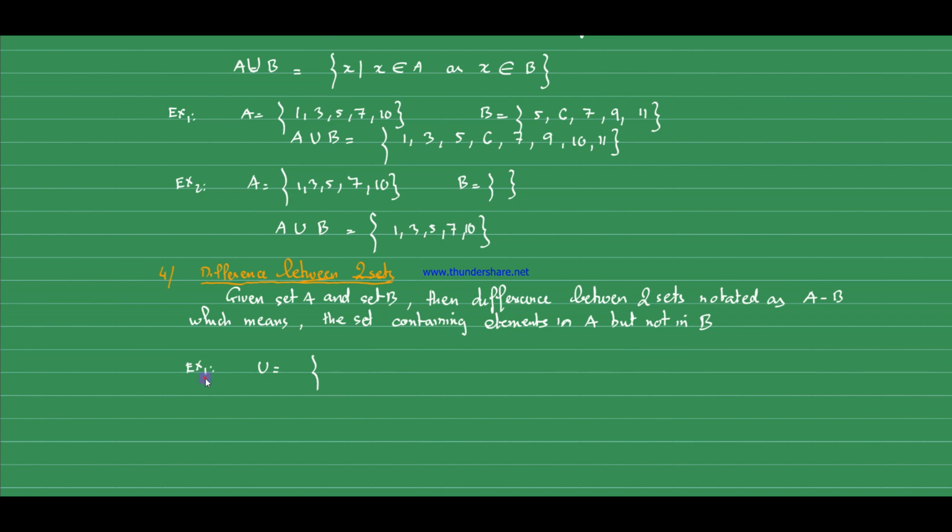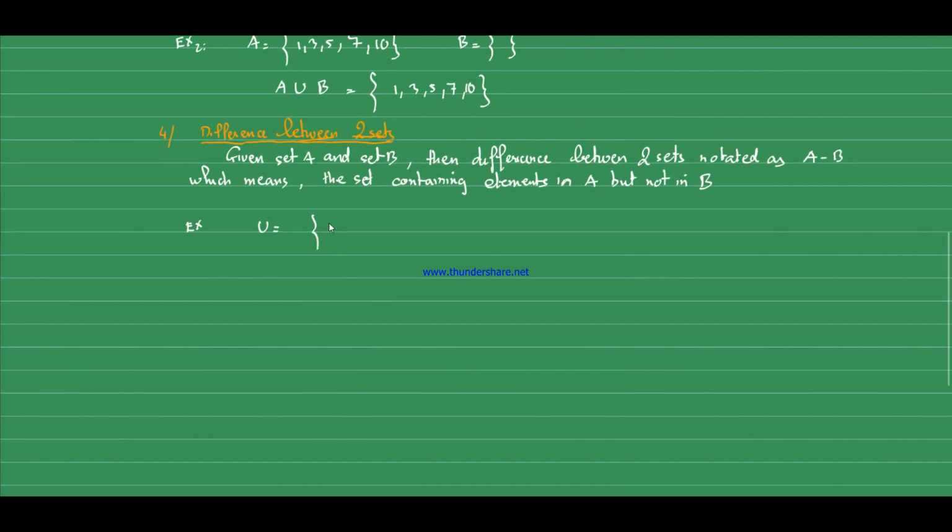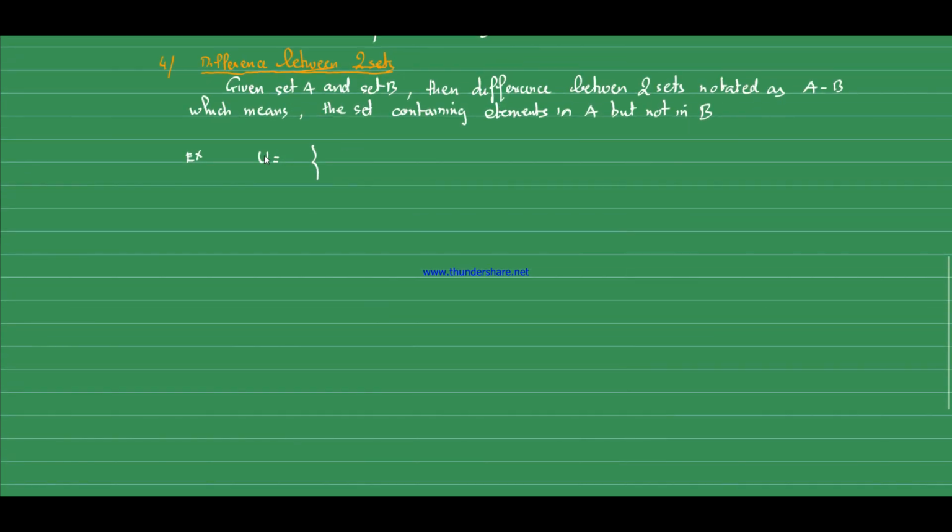I guess I just need to give you one example, that's good enough. Too many is not good. The universal set contains the elements A, B, C, D, E, F, G, H, I, J, K. So there's 11 elements.